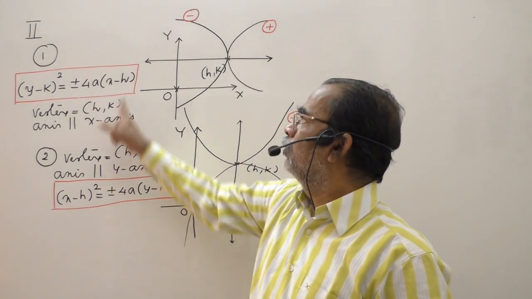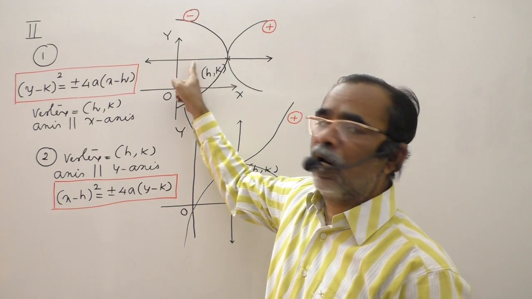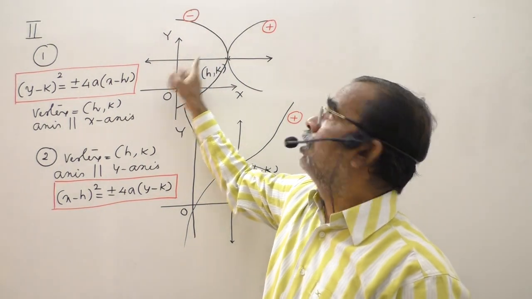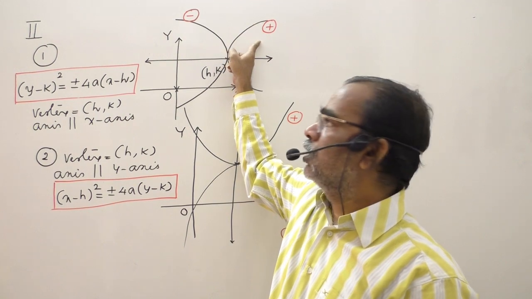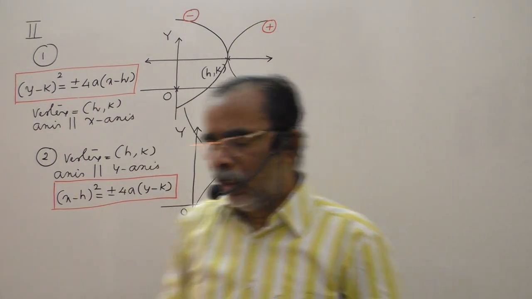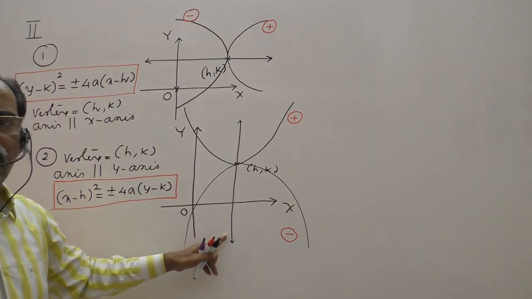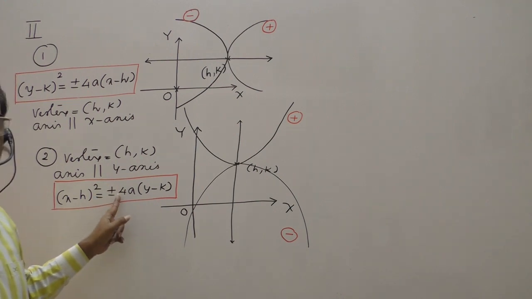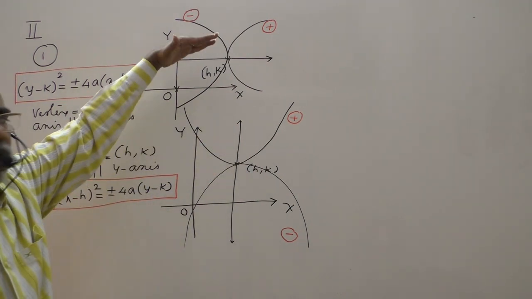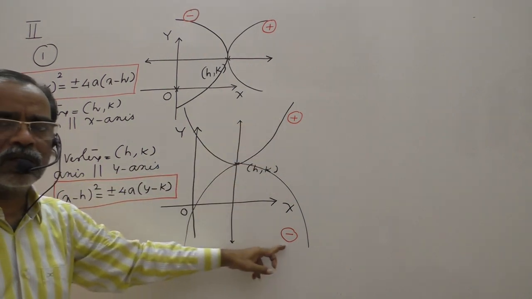In set 2, there are two parabolas whose axis is parallel to the x-axis. For this one, a positive sign in the equation, for this, negative. Similarly, parabolas whose axes are parallel to the y-axis. If it is upwards, positive sign in the equation, downwards, negative sign.